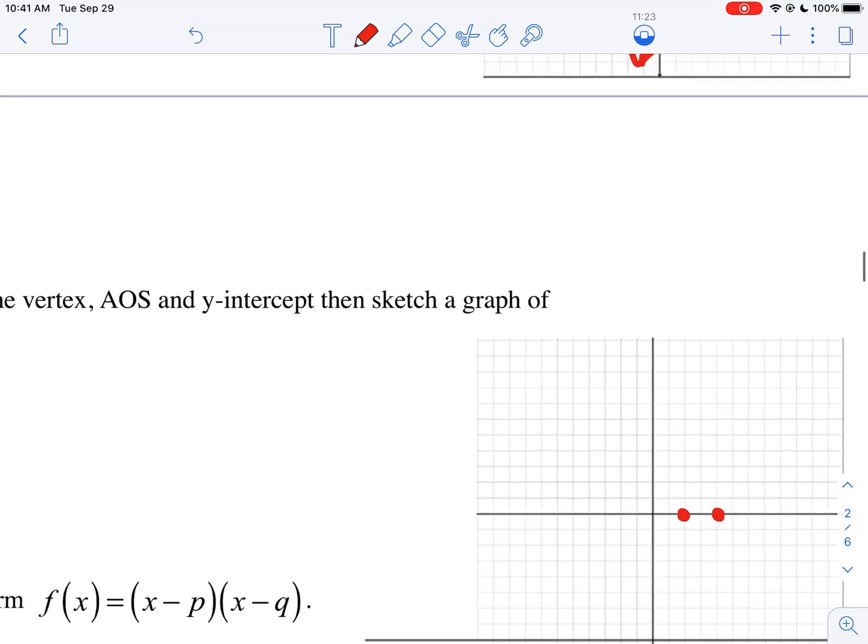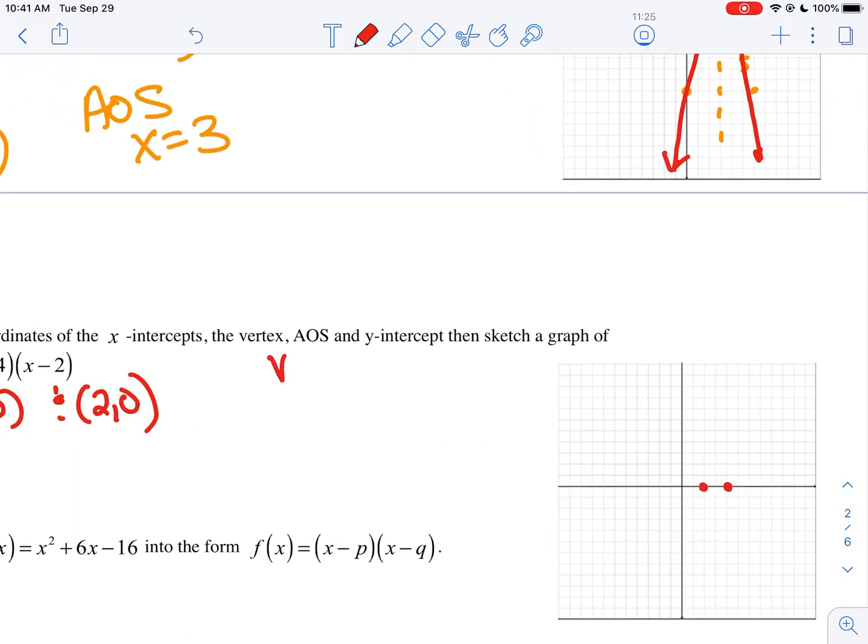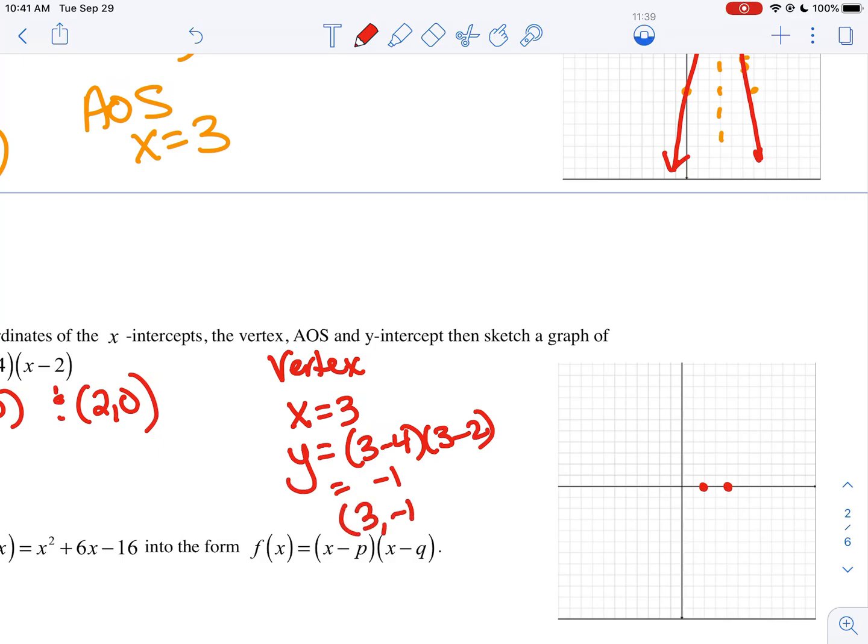So that means the vertex is halfway between. So my vertex is going to occur, what's halfway between 4 and 2? That's going to be x is 3. Then all you do is plug that in. So my vertex is 3, negative 1. Then that makes my axis of symmetry x equals 3.